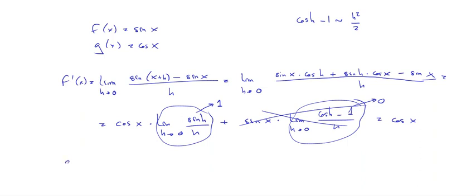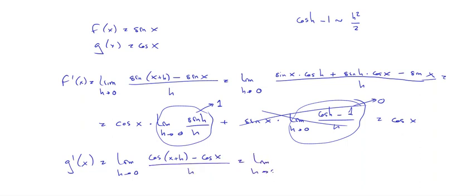Now if you do the same with the derivative of the cosine, what you get is the limit when h goes to 0 of the cosine of x plus h minus the cosine of x, divided by h. The formula for the cosine of a sum is cosine of x times cosine of h minus sine of x times sine of h, minus the cosine of x, divided by h.